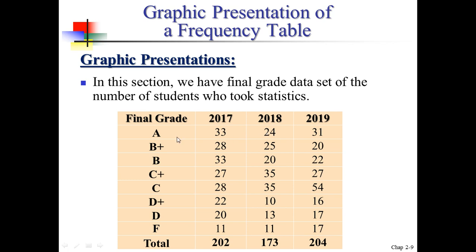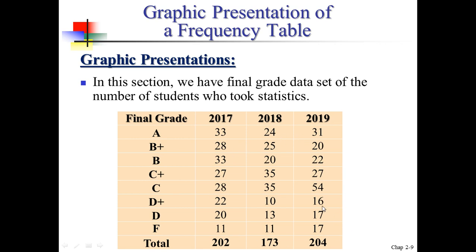In 2018, 24 got A, 25 got B plus, 20 got B, 35 got C plus, 35 got C, and the rest. In 2019, 31 got A, 20 got B plus, 22 got B, 27 got C plus, 54 got C, and the rest. This is the total number of students taking statistics from 2017, 2018, and 2019.